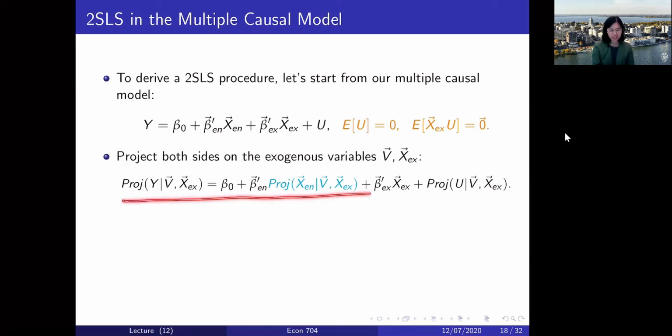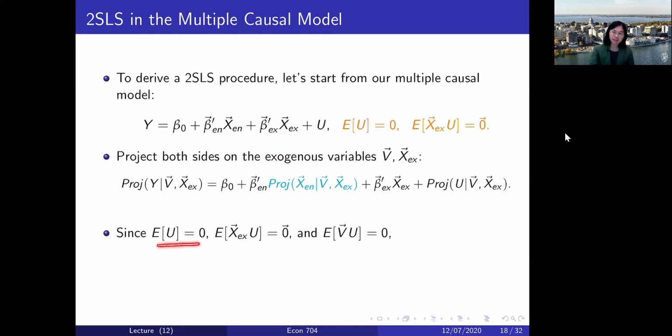Now we have obtained this. We want to argue that this projection of U on V and Xex is 0. How do we argue that? It's not so difficult because we know U has expectation 0, and U is uncorrelated with Xex because Xex is the vector of exogenous variables.